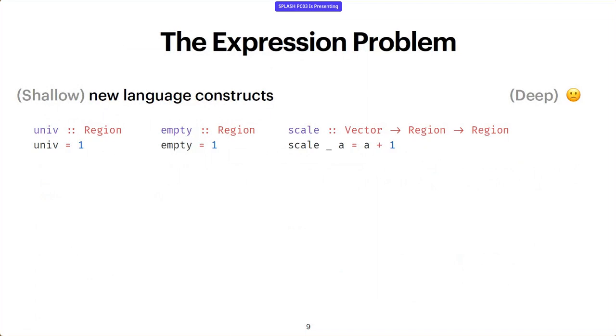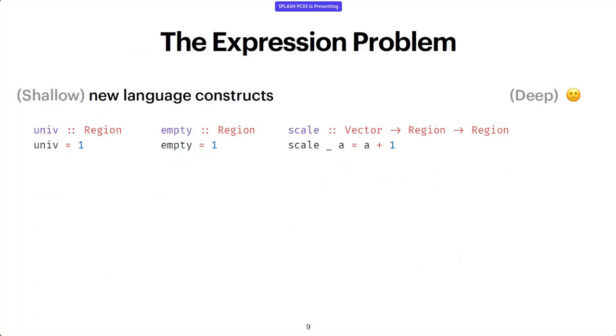Another problem is called the expression problem. As the DSL evolves, we may want to add more language constructs. For example, we want to add 3 new constructs like the universal region, the empty region, and the scaling operator. In the shallow embedding, it's very easy.